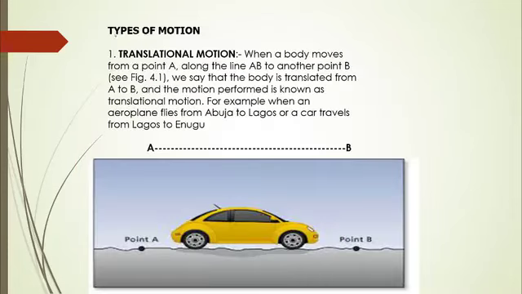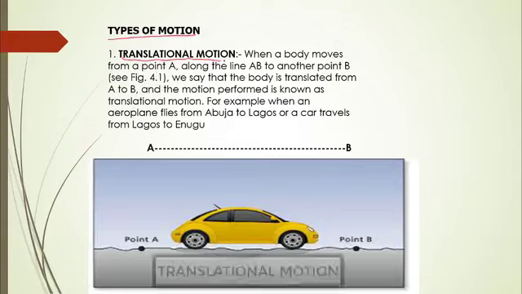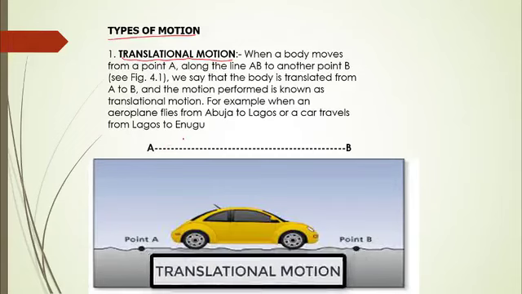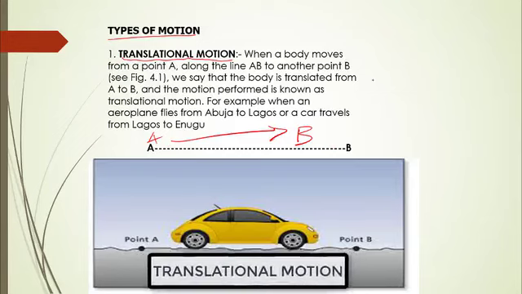We have different types of motion, which we're going to consider now. The first one is translational motion. But what do we mean when we talk about translational motion? Translational motion simply refers to a motion performed from one point, A, to another point, B. For instance, your mom sends you to go buy something at a shop opposite your house. That is translational motion.